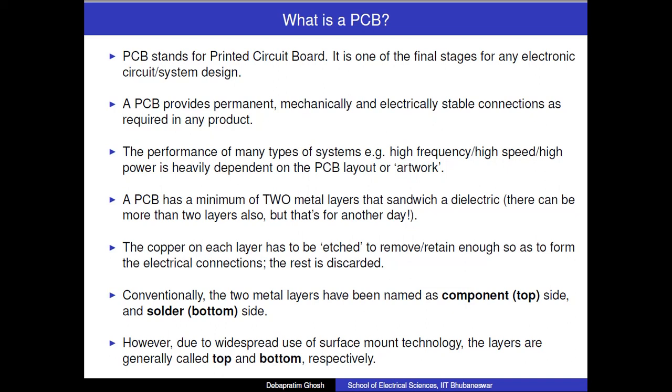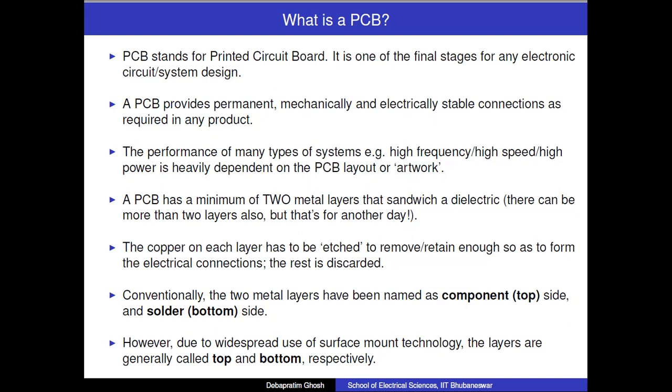conventionally, the two metal layers for the PCB, the names have been given as the component side and the solder side. Now this nomenclature was given during those days when PCB technology was not yet very well versed with surface mount technology.